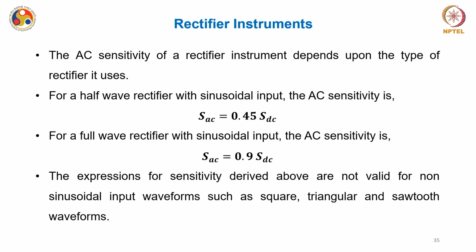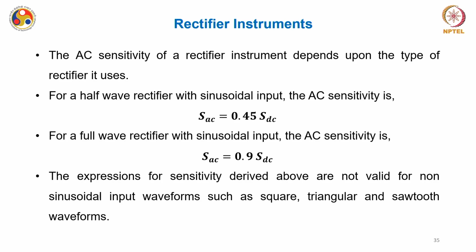Okay. The AC sensitivity of a rectifier instrument depends upon the type of rectifier it uses. For a half wave rectifier with sinusoidal input, the AC sensitivity is 0.4 times the sensitivity of DC. And for a full wave rectifier with sinusoidal input, the AC sensitivity is just double of that, or 0.9 times the DC sensitivity.